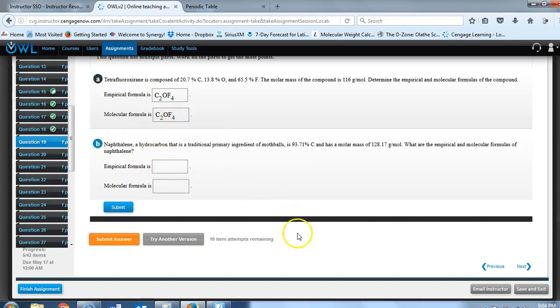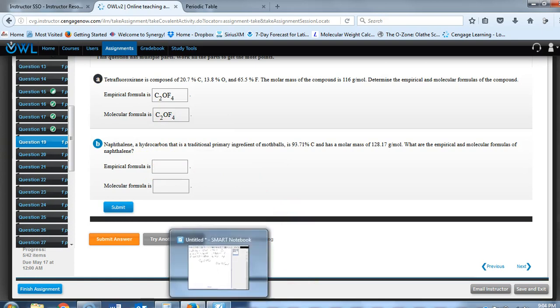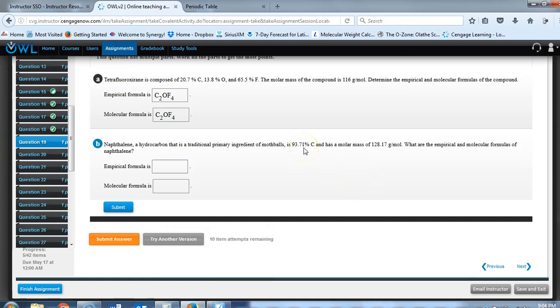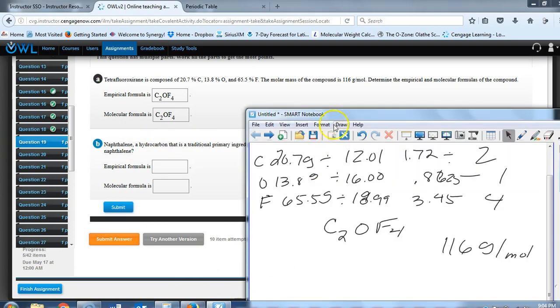All right, naphthalene, 93% carbon, has a molar mass of 128.17. What are the empirical formula and molecular formula? Well, first of all, what's the other part of it? It's carbon, but what's the other part? It's a hydrocarbon. So the other part is going to be hydrogen.